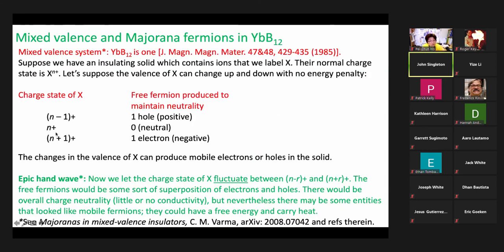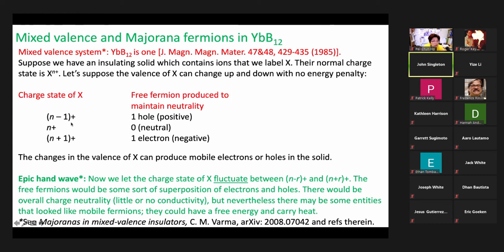That means we've deviated by one charge from the neutral situation. So to compensate, we have to have a free electron that's roaming around in the solid just to keep charge neutrality. If we change the charge state down to n-1 plus, then we've removed an electron from the solid. So we've made a hole which behaves like a positive mobile particle.